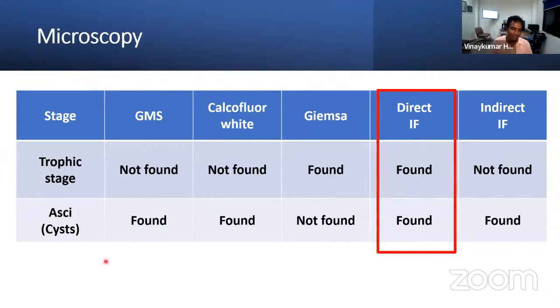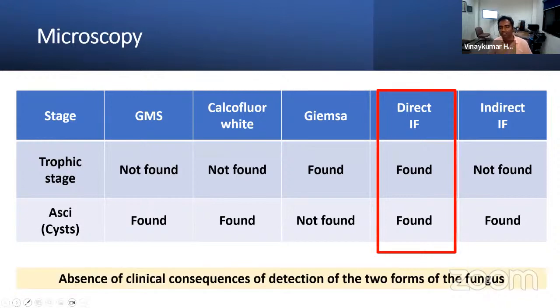It has absolutely no bearing on the disease process, no bearing on the prognosis, and no bearing on the diagnosis. In Giemsa, if you find asci, you will still diagnose Pneumocystis pneumonia. In IF, if you find either of these, you will still diagnose. But remember, look at a report with suspicion if somebody has reported trophozoites in an indirect IF.